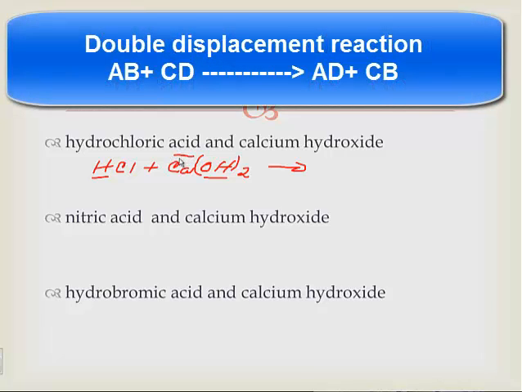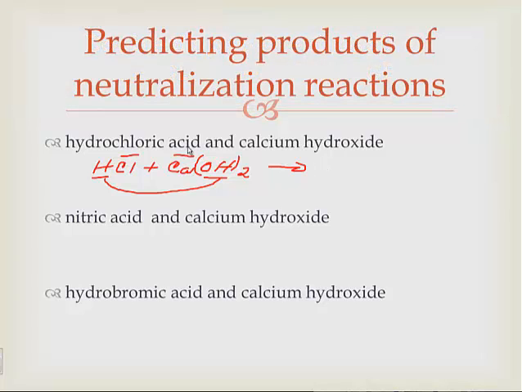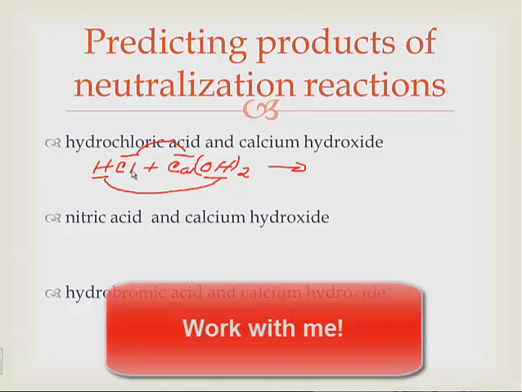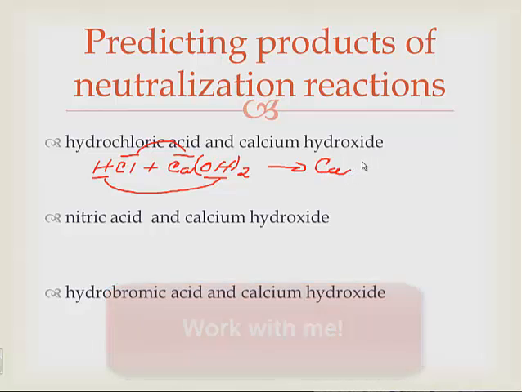And then we have the negative ion and positive ions. So we're going to put these two together, and we're going to put these two together. But remember, the positive ion has to always go first, and so we're going to write Ca, Cl, but we have to balance it out.